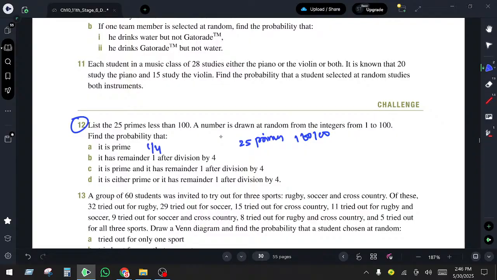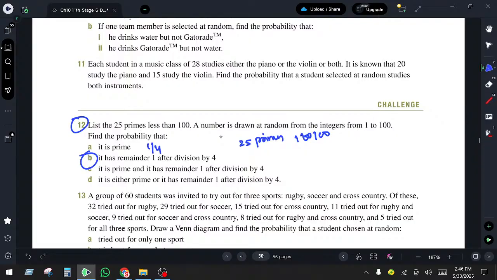The next question: it has remainder 1 after the division by 4. Okay. How many numbers will get remainder 1 when divided by 4?